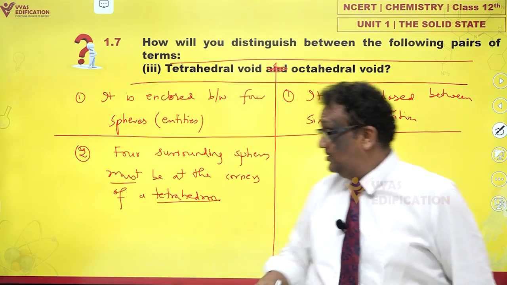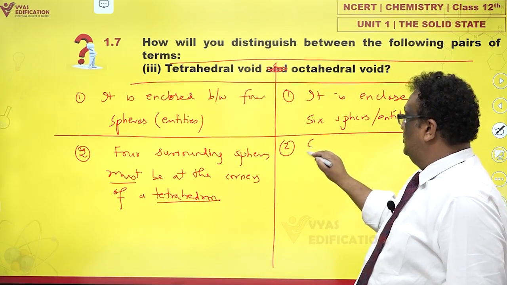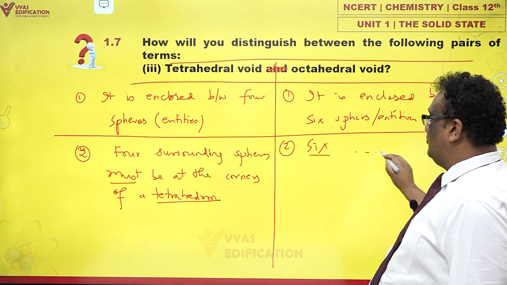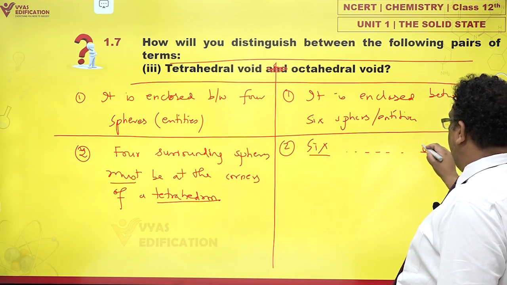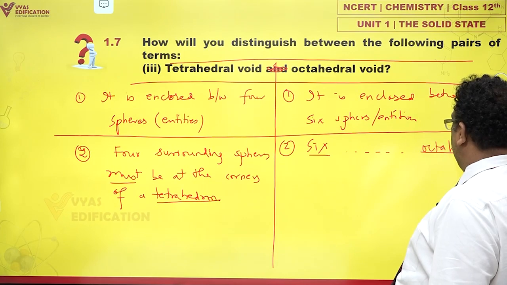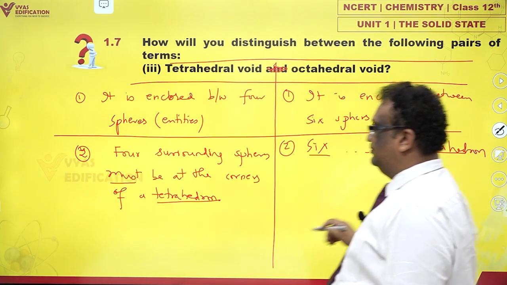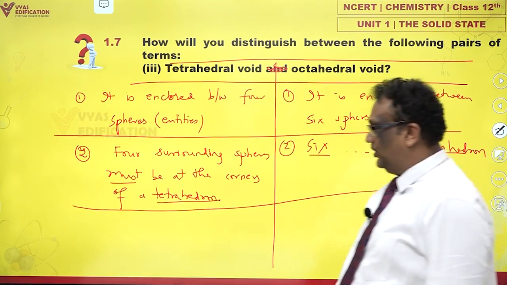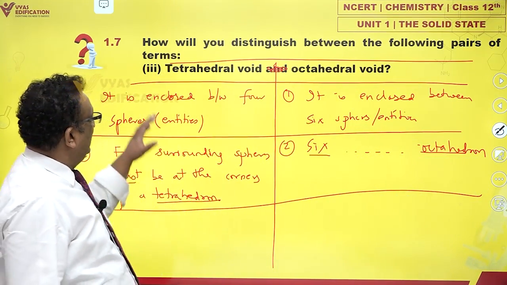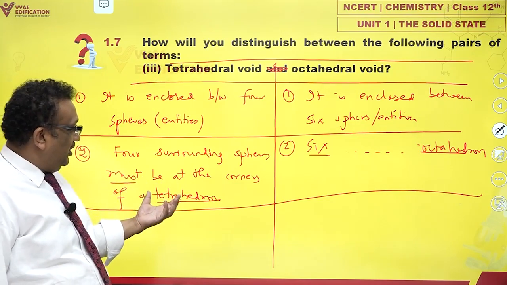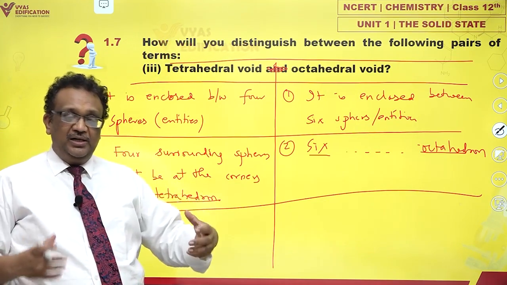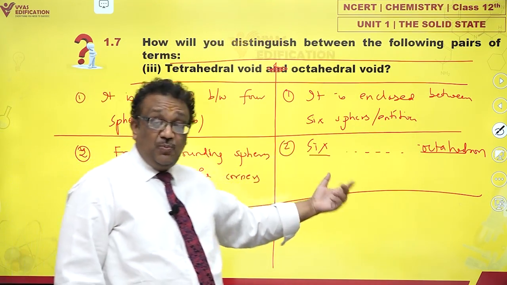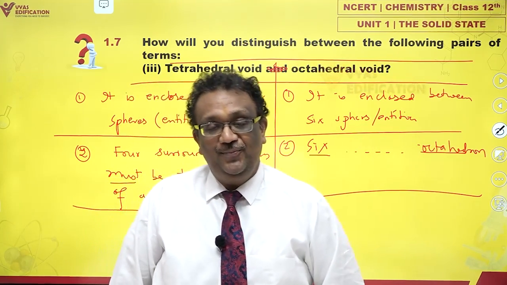And in this case, 6 surrounding spheres must be at the corners of an octahedron. In between the content is the same, you can fill up the same thing. So it is surrounded by 4 particles arranged tetrahedrally and there are 6 particles arranged octahedrally.